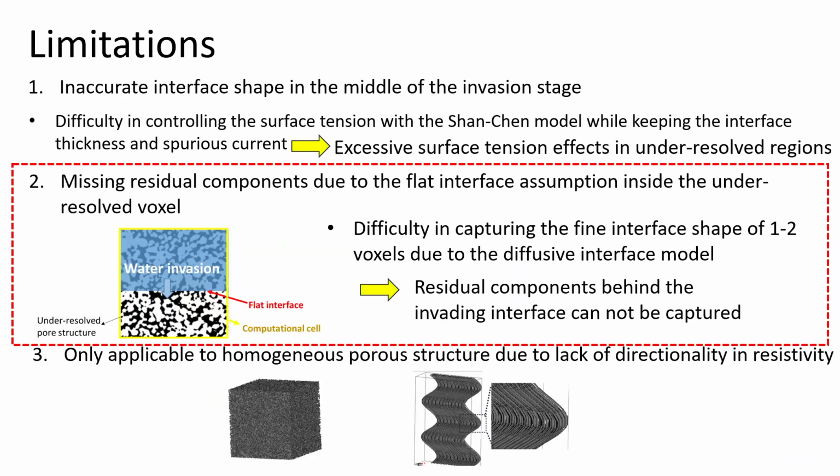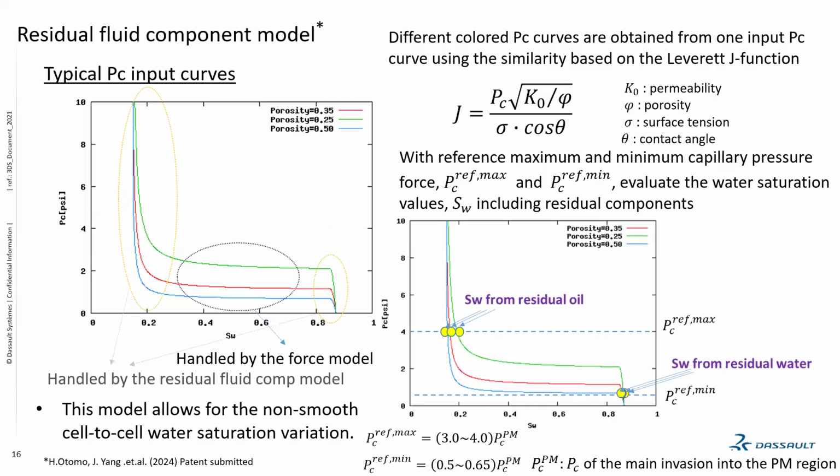And the second modification is we added a new model to handle the residual component. To handle the capillary force in the under-resolved region, we use the input PC curve. So the PC curve looks like this.